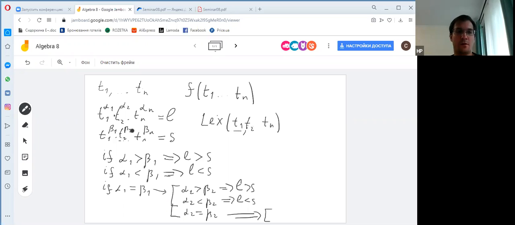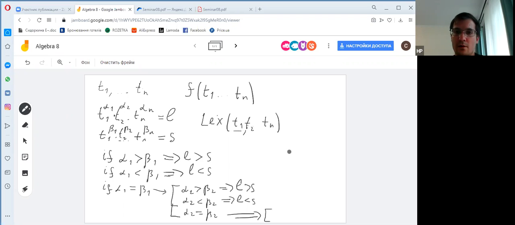Either at some step k we have alpha k bigger than beta k, or beta k bigger than alpha k, or all alphas are equal to all betas, and then S is equal to L.